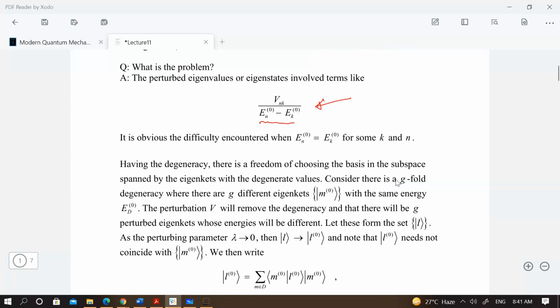Suppose you have a few states which have the same energy.